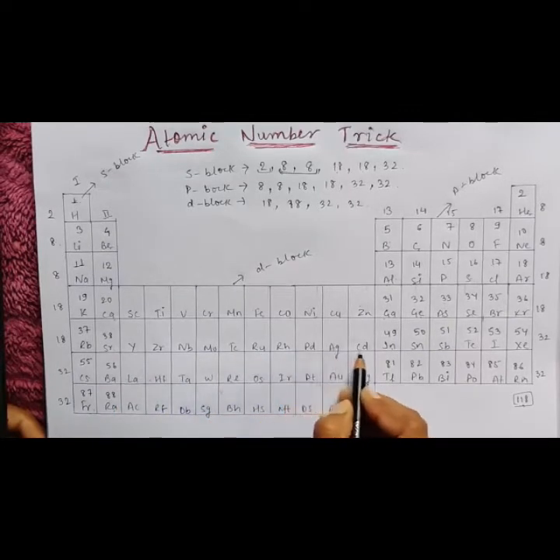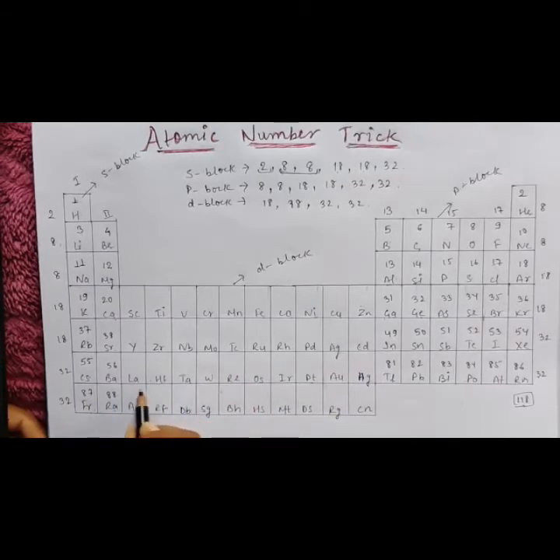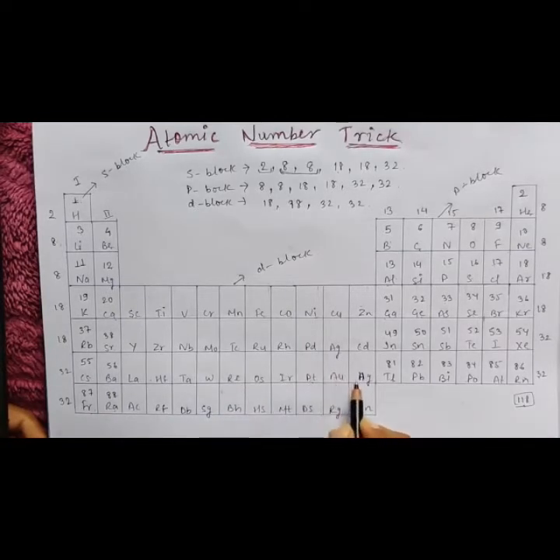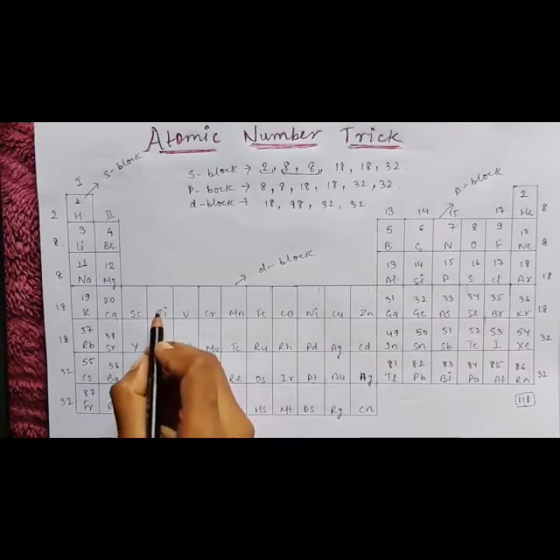For example, 3d1 is also D block, 3d2 is also D block, 3d10 also D block. If in the D orbital there is either 1 electron or 2 electrons, any electrons, that is a D block element.